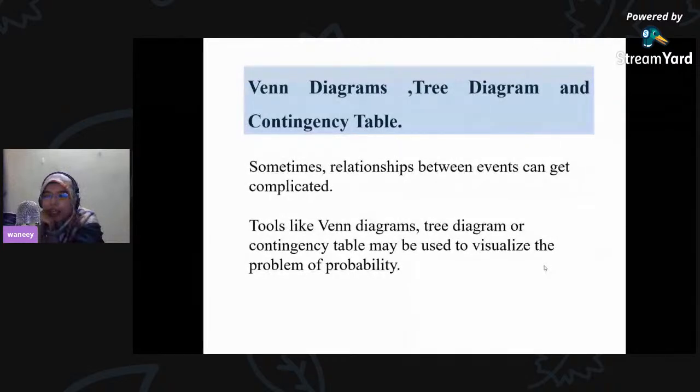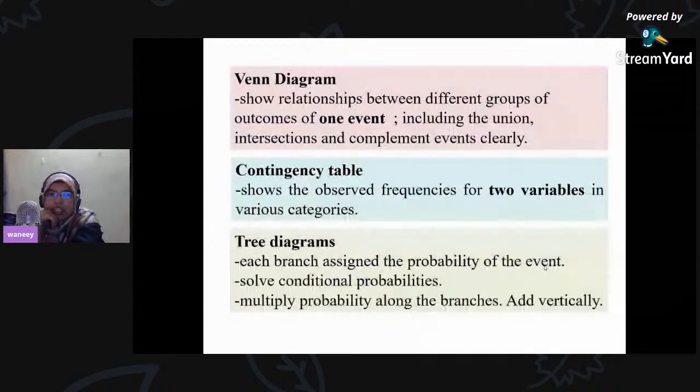A Venn diagram shows the relationship between different groups of outcomes of one event, including the union, intersection, and complement clearly. A contingency table shows the observed frequency for two variables in various categories. In a tree diagram, each branch is assigned the probability of an event. This is used to solve conditional probabilities.